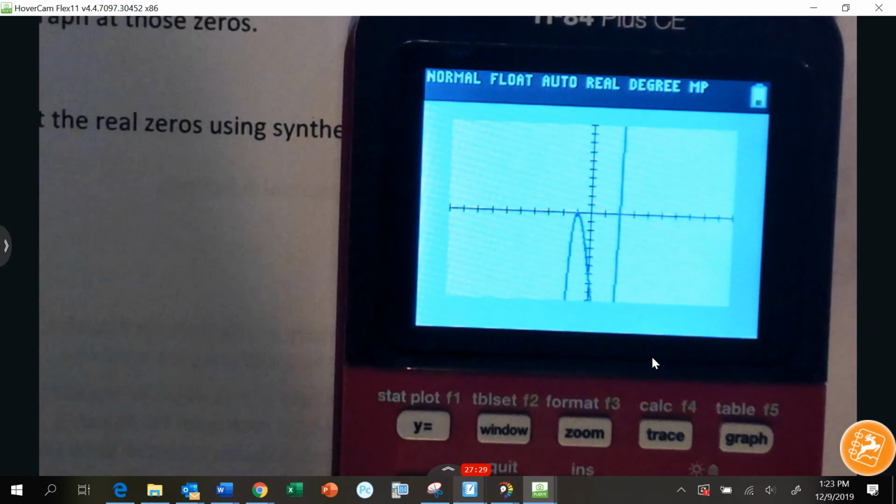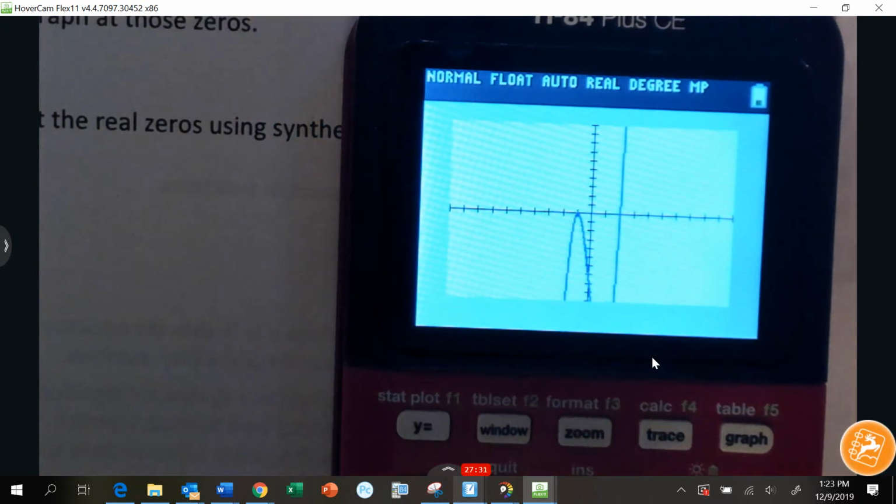Now I've hit graph, and I don't see 5. There might be some repeated, and there might be some imaginary that you can't see. Actually, both things happen in this one.